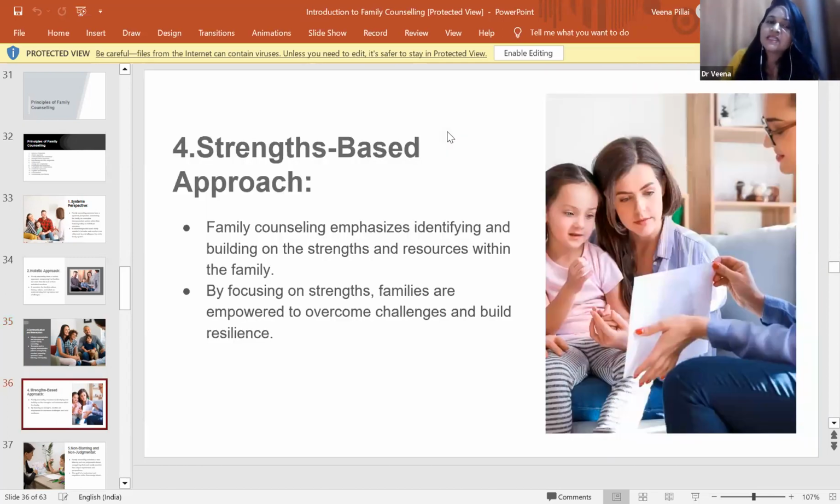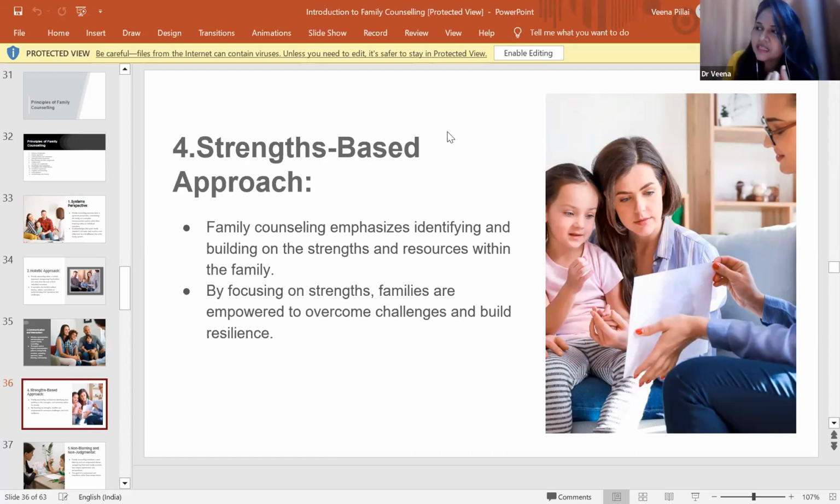So, strengths-based approach. Family counseling emphasizes identifying and building the strengths and resources of the family members. Each one of the family members has their own strengths. So focusing on those strengths, they could be taken to tackle any challenges, and also at times it helps to build resilience.